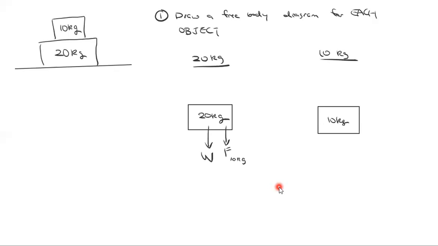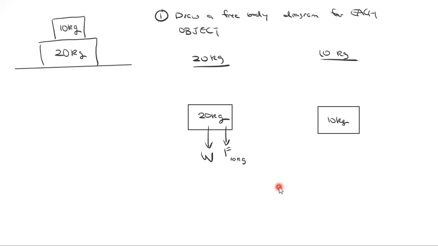And therefore, what other forces are acting on this 20 kilogram box? That's it, I think. No, because if those are all the forces acting on the 20 kilogram box, then it'd be going down, and it's not going down, right?